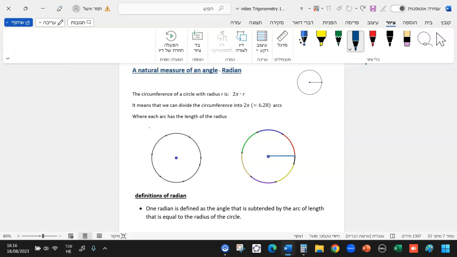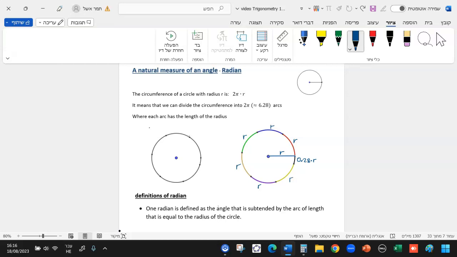Each of these arcs has a length equal to the radius of the circle. So we have 1, 2, 3, 4, 5, 6 times the radius of the circle and another 0.28 times the radius. This is the division into 2 pi times the radius of the circle.